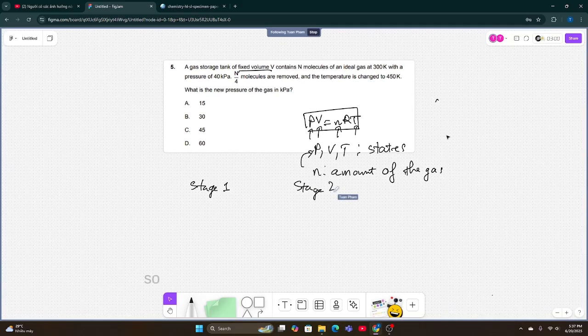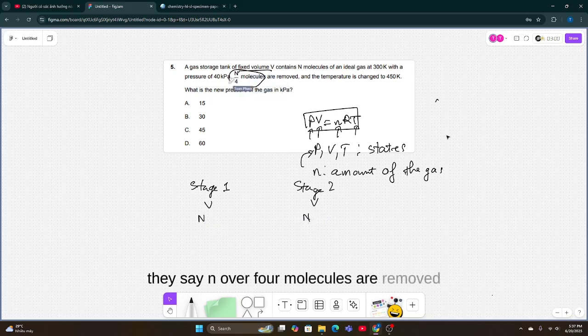Initially, what you have is a fixed volume, so you have V and V, because the volume is fixed, they don't change. Stage number 1, you have n molecules. Stage number 2, now this is tricky. They say n over 4 molecules are removed. So this amount is removed.